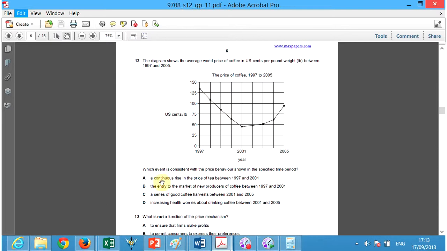B, the entry into the market of new producers of coffee between 1997 and 2001. That is the correct answer, actually.